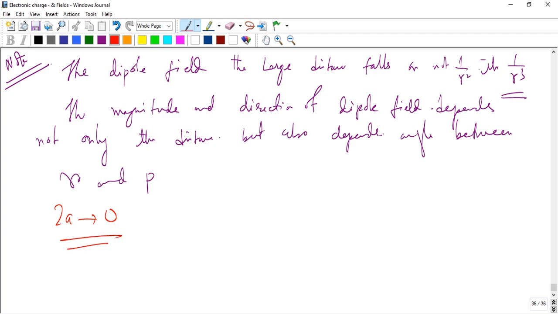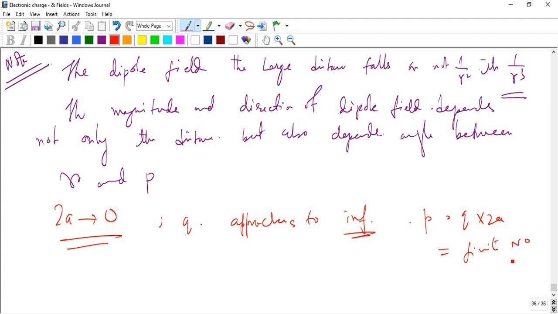So the charge q approaches infinity, in such a way that p, that is q times 2a, is equal to a finite number.